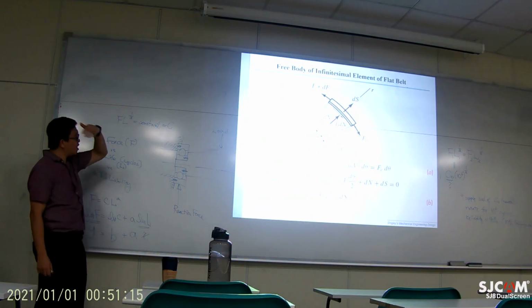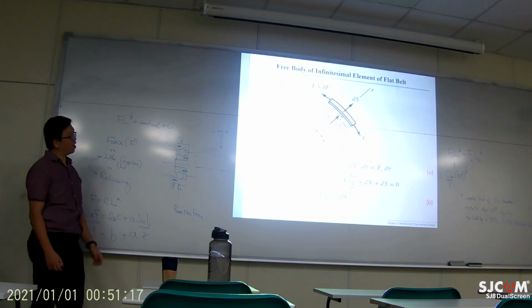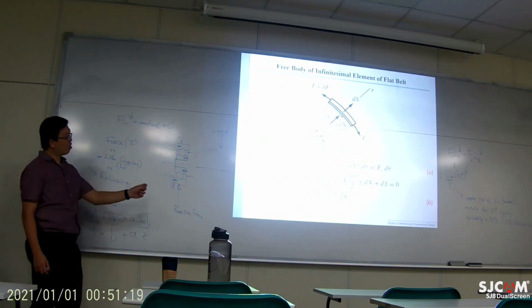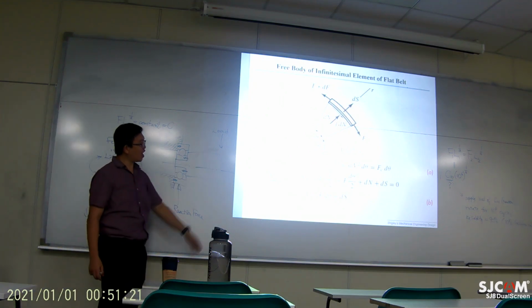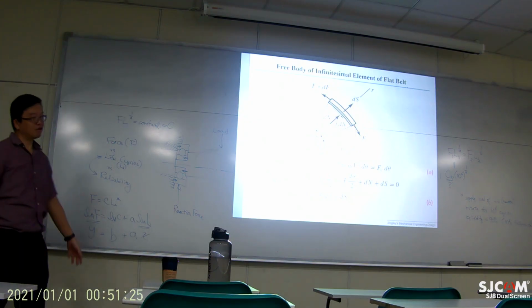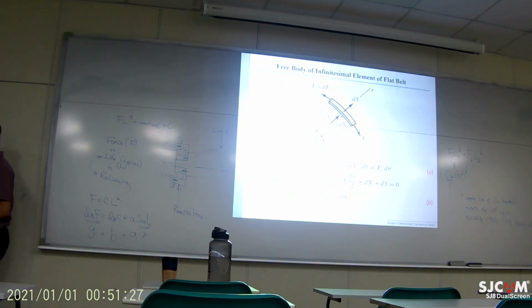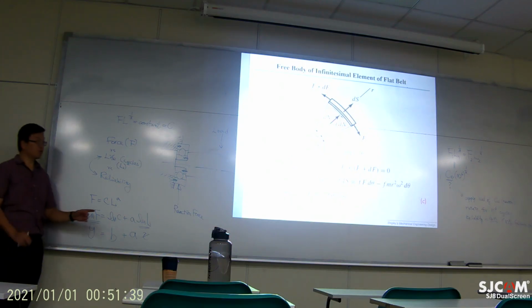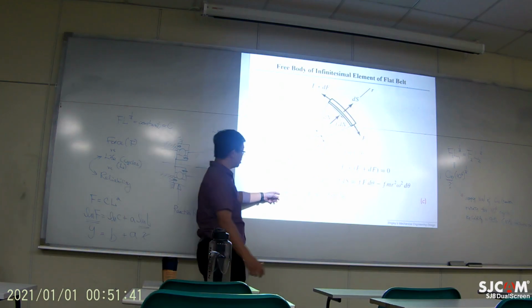Delta n, dn, small increment of the normal force, small increment of theta, small increment of the centrifugal force. There's an equation like that. And then we continue to do some derivation. So this is the final equation, right?